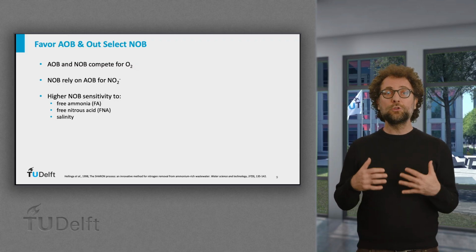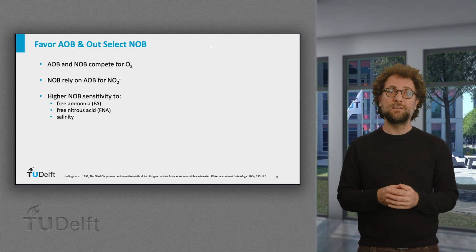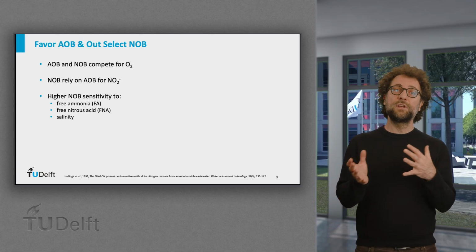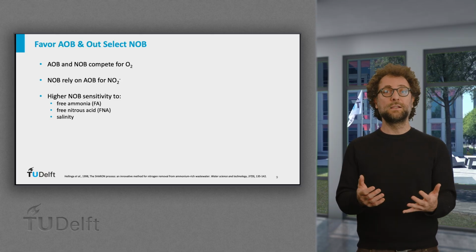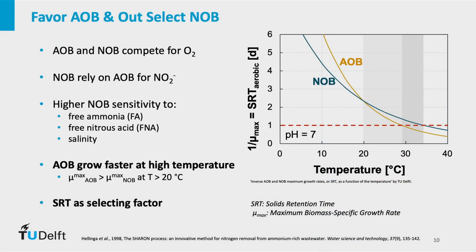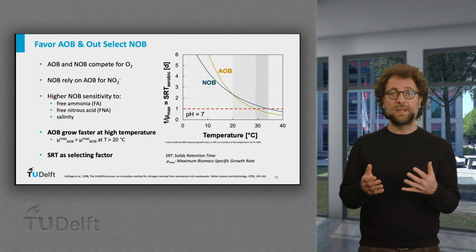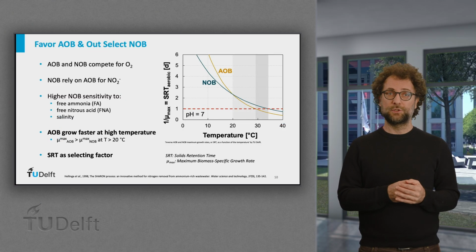Moreover, NOB also features a higher sensitivity to free ammonia, free nitrous acid, and salinity. But even more importantly, the respective maximum biomass-specific growth rates, μmax, vary as a function of pH and temperature, with AOB growing faster than NOB at higher temperatures.